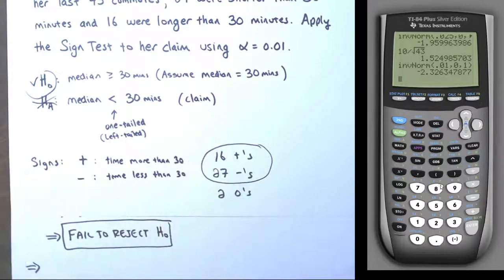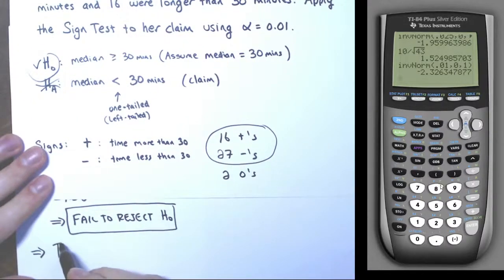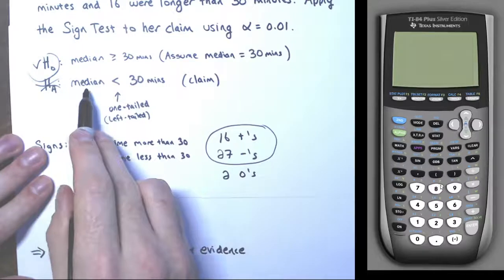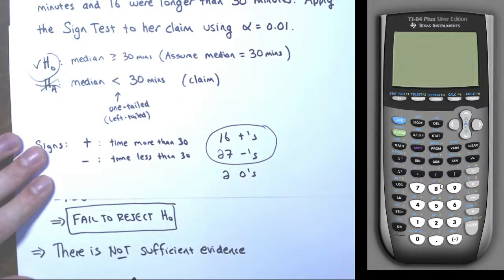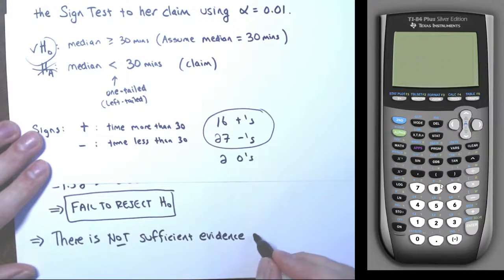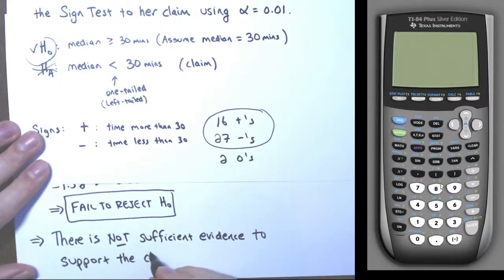So like the last one, there is not sufficient evidence to support the claim that her median commute time is less than 30 minutes. But I'll just write there is not sufficient evidence to support the claim that she made, that she was testing.